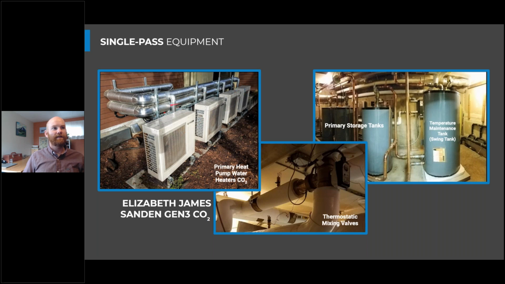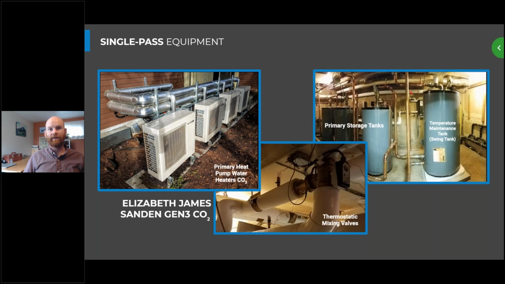Then there's cool water and a hot water main that are taken inside the building down here into this mechanical room. So they're coming through this wall right in the top left corner of this image here. And those pipes are then connected to this primary storage, and we can see the hot from our primary storage goes up and out and connects to the bottom of our temperature maintenance swing tank.